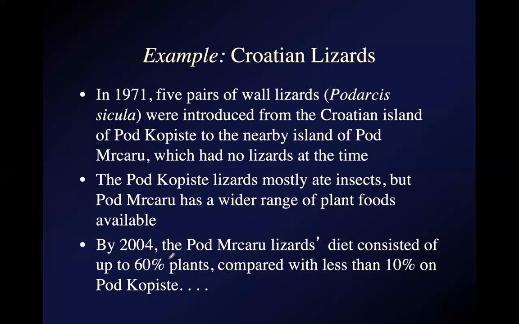So after about 66 odd generations, the Podmurcharu lizards' diet consisted of up to 60% plants. On Podkopište, less than 10% of the lizards' diet was plants. So the Podmurcharu lizards had adapted to a different diet.